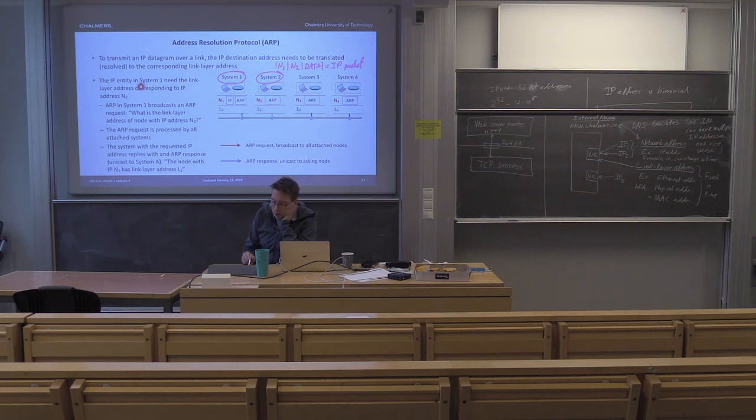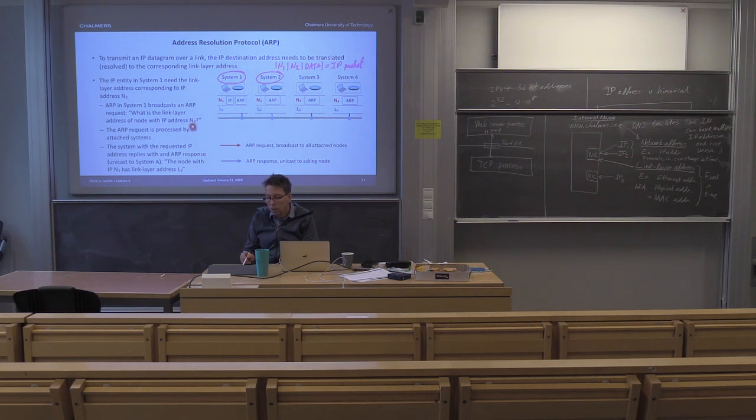So the IP in system number 1 needs to translate N2, which is the destination address, to the corresponding link layer address, which is L2. And it uses ARP for this. ARP in system 1 broadcasts a request, basically asking what is the link layer address of the node with IP address N2.